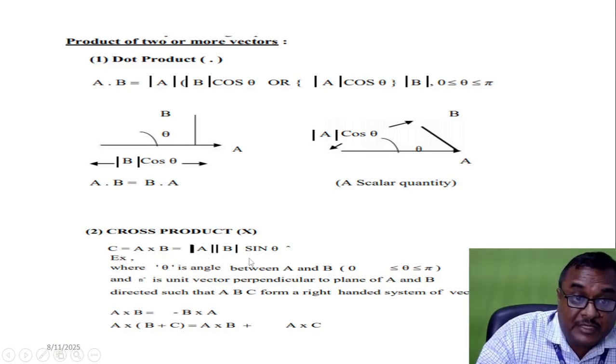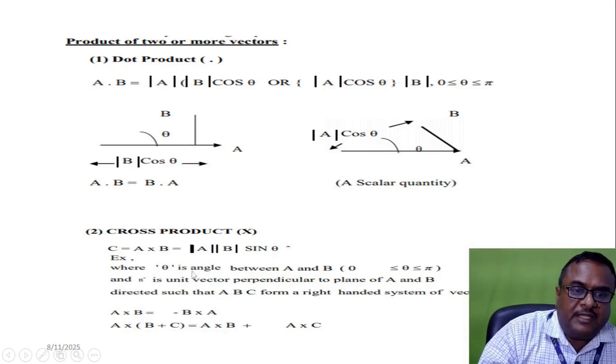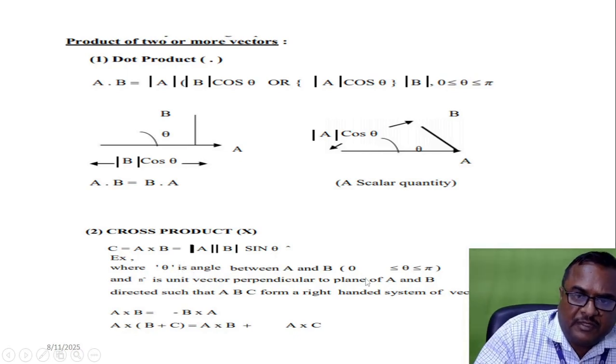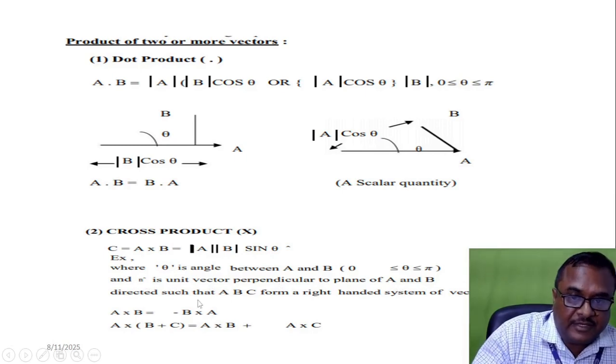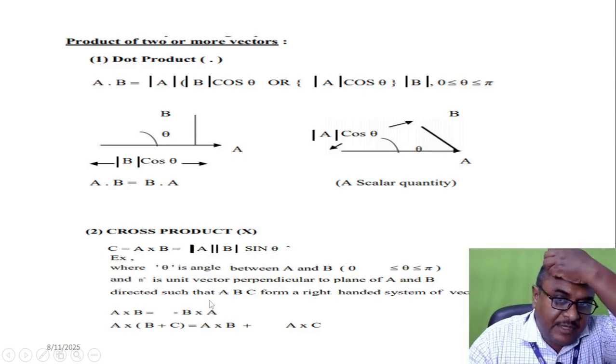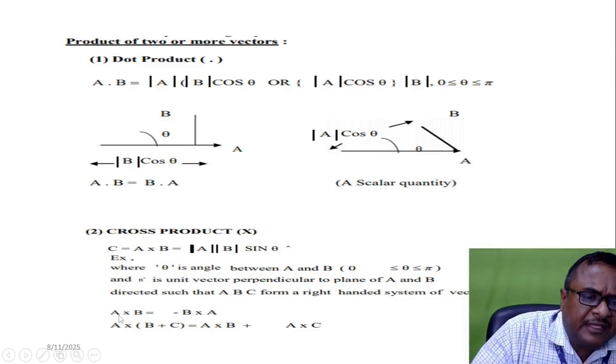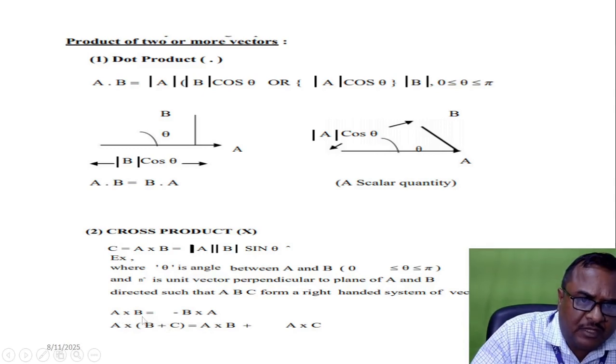Whereas A vector cross B vector equals C, here we have AB sin theta n cap. The theta is the angle between A and B, that is 0 to pi, and n cap is the unit vector perpendicular to the plane of A and B, directed such that A, B, C form a right-handed system of vectors.